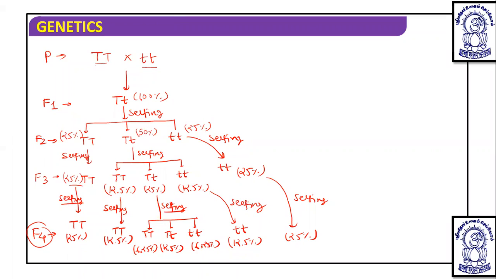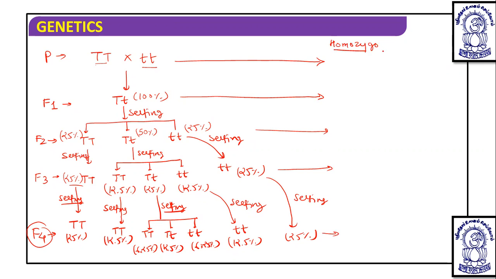Now, if we write in the corresponding generations the number of homozygous and heterozygous offspring in F1, F2, F3, and F4, then we come to know that in the parental generation, 100% are homozygous and 0% are heterozygous.